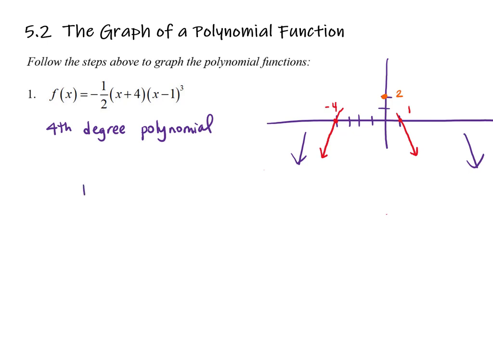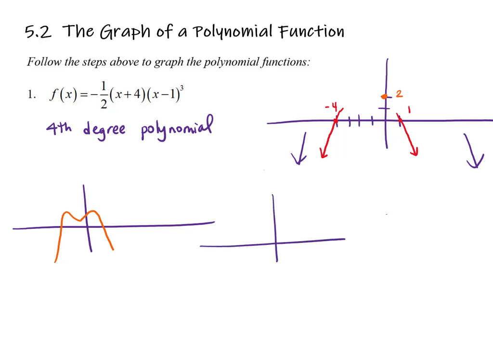Now there's a lot of different ways that could play out. So one of the ways that could happen is that all of those turning points are above the x-axis, or potentially I could have one of them down here, then go through that and come back, or maybe I could have it happen on the other side.